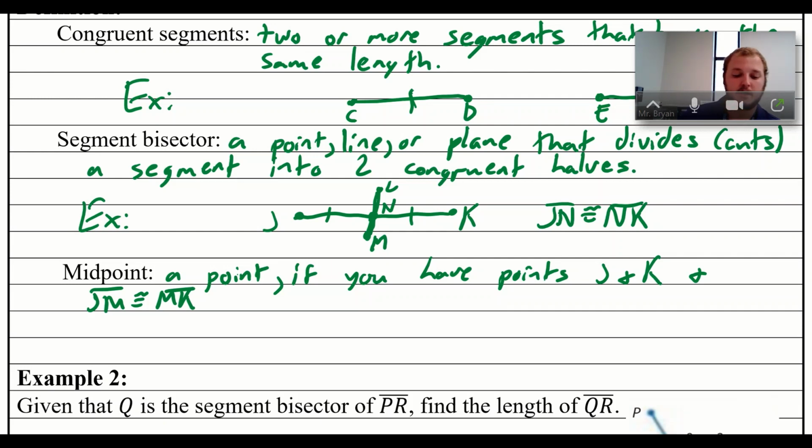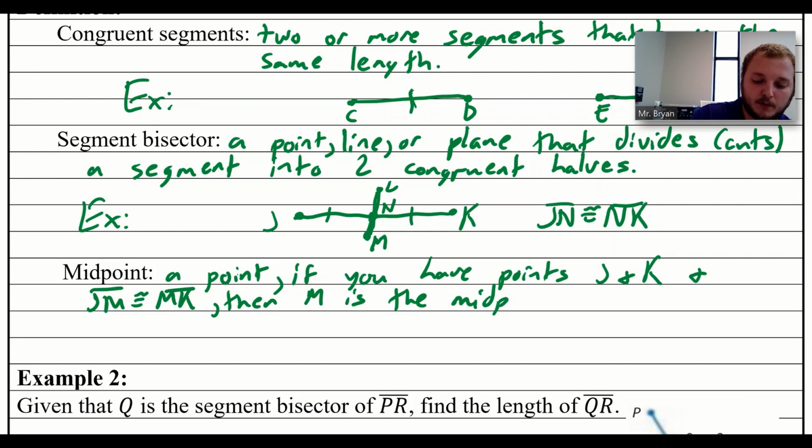Then M is what we call the midpoint of JK.